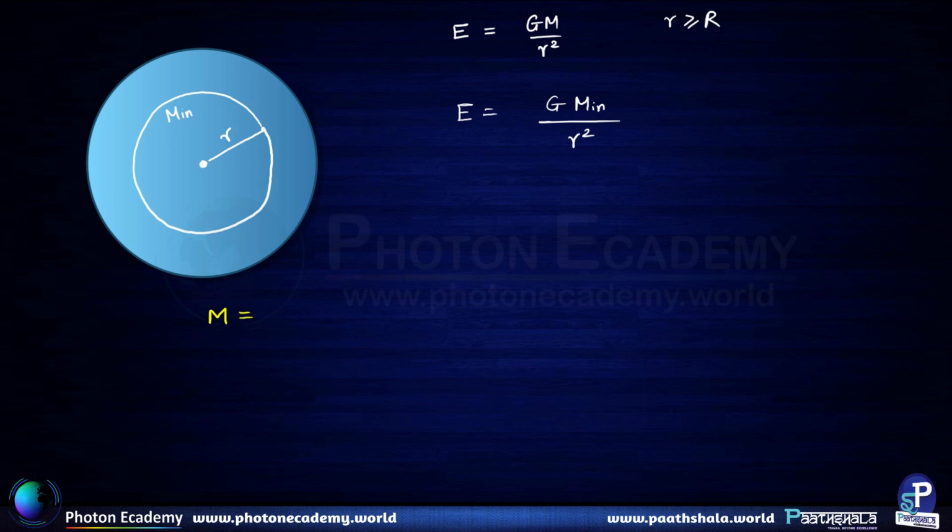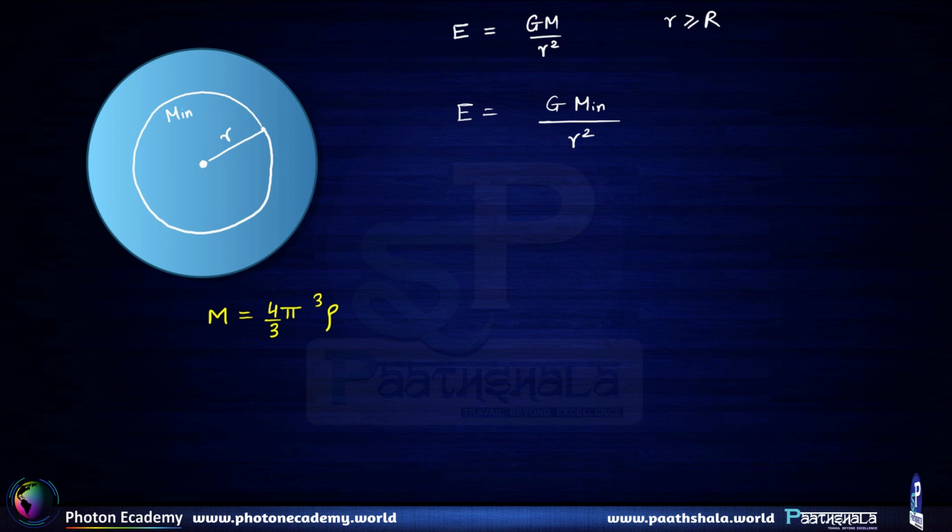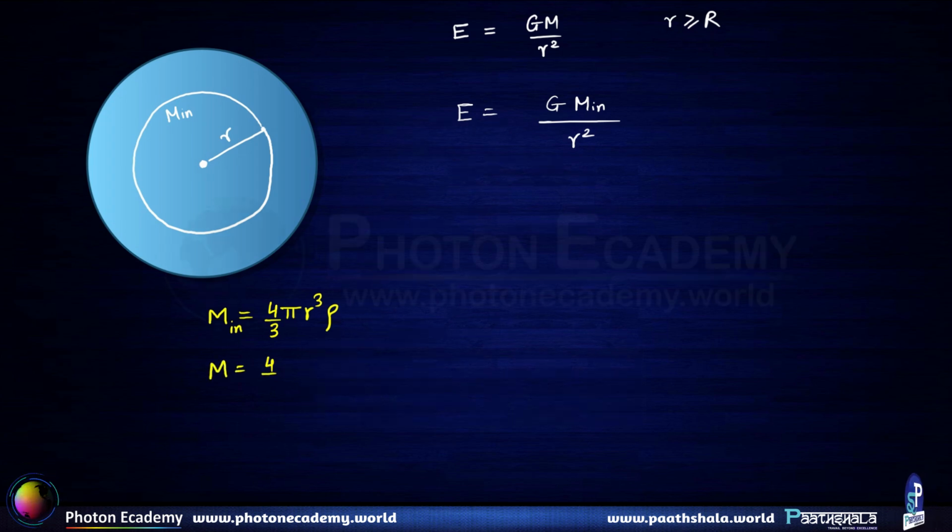So M_in is going to be equal to 4/3 pi r cube into rho. This r is the small r, not the capital R. So the mass of the entire sphere is nothing but M equal to 4/3 pi capital R cube into rho.